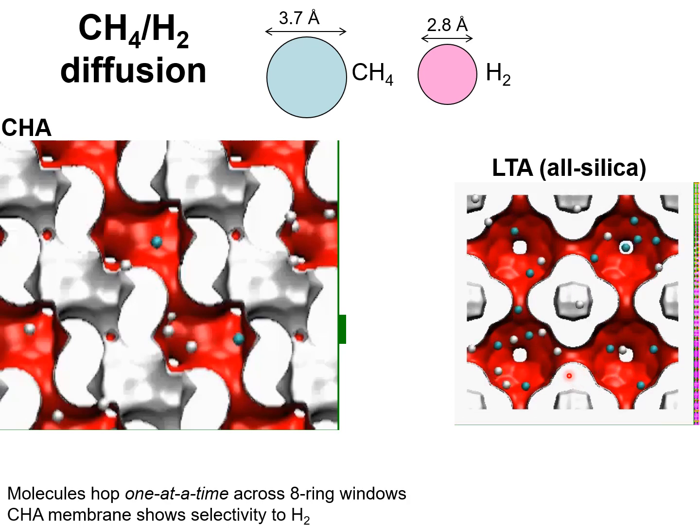The hydrogen is shown by the white spheres, and it has crossed this window rapidly into the adjoining cage.